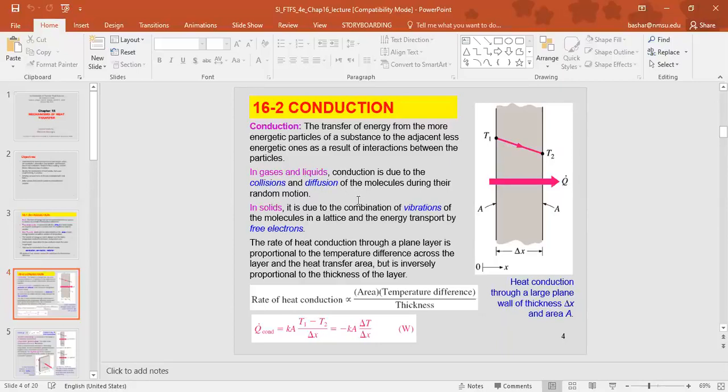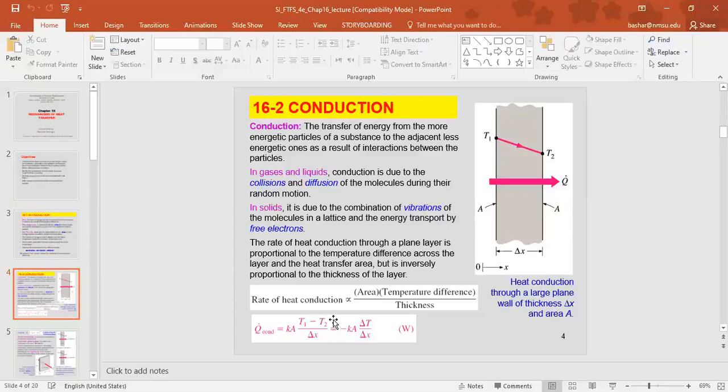In gases and liquids, conduction occurs in the form of collisions and diffusion of the molecules during the random motion, while in solids it occurs due to the vibration of the lattice that constructs the molecules, and also due to the motion and transport of the free electrons.